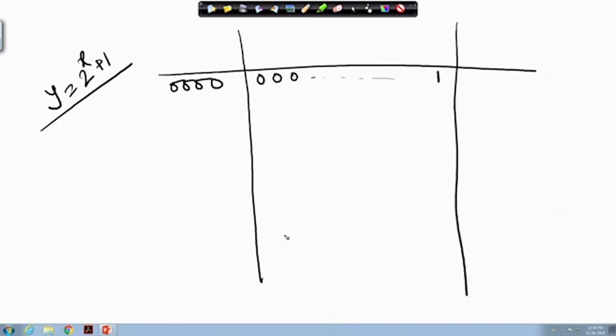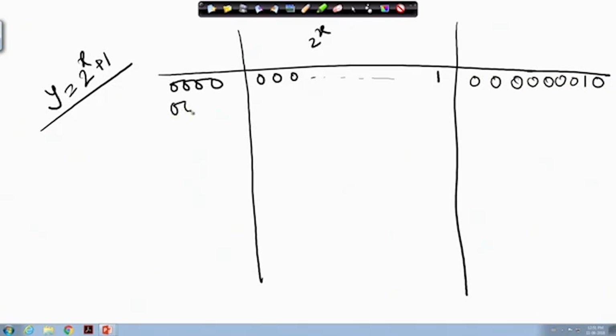Okay. This is 2 to the power x. Then I want to add plus 1. So, this will now become modified, and the rest of all bits will be 0.